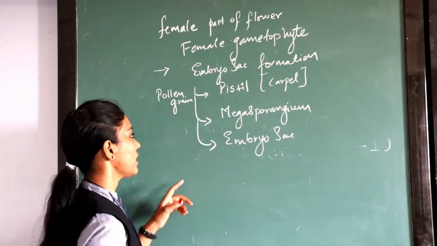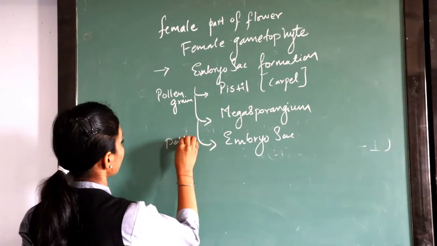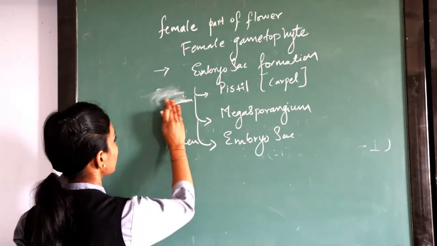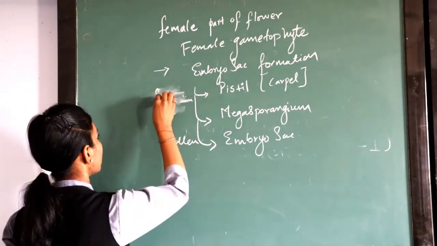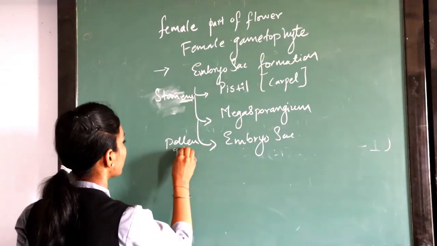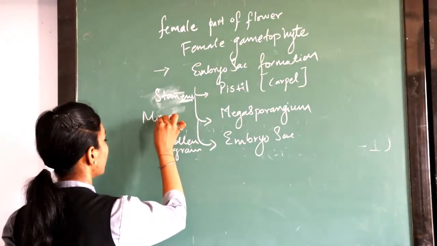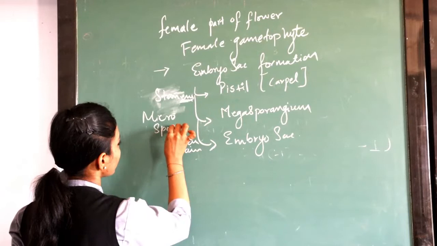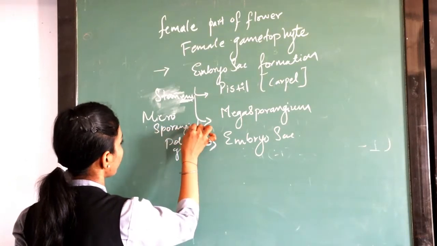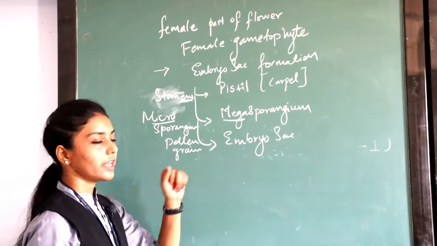Then in place of embryo sac we have seen the structure of pollen. Here it will come something regarding the stamens part. Okay, the difference is in micro and mega, pistil and embryo sac.